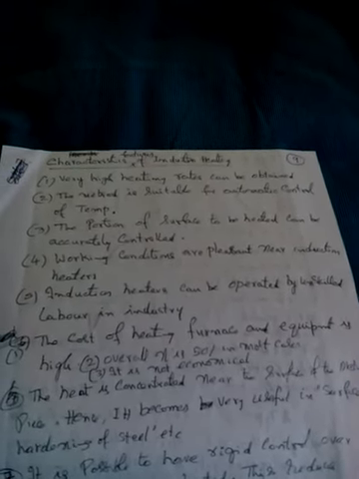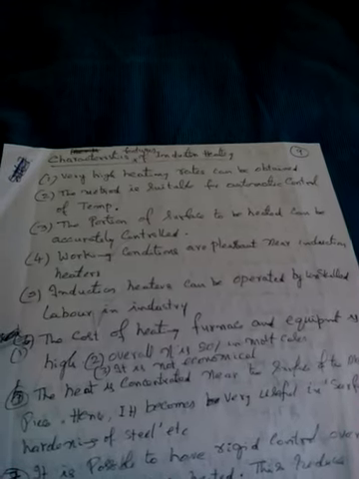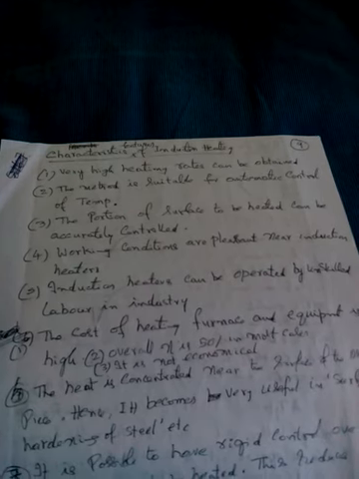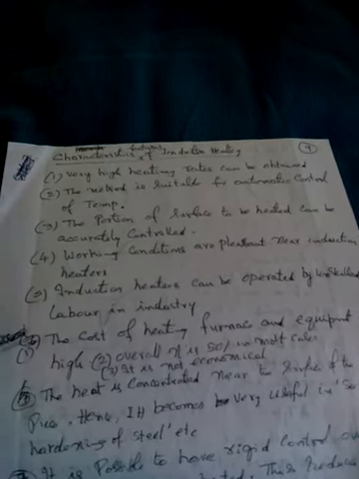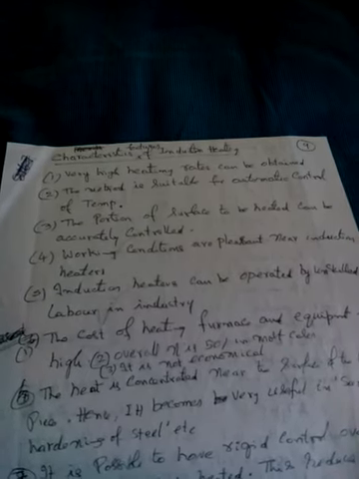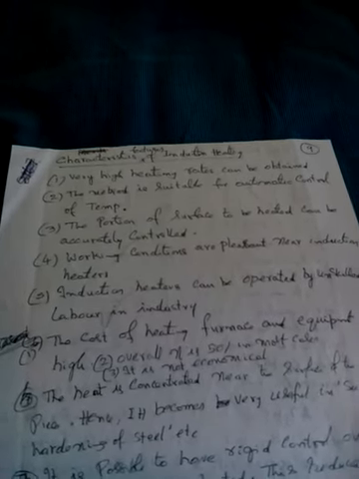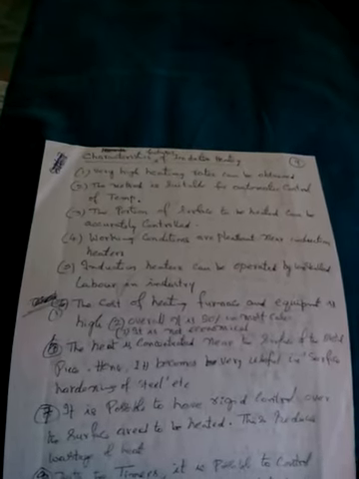Of course, the cost of the heating furnace and equipment is somewhat high, so overall efficiency is 50% in most cases. So in some large scale cases it may not be economical. If you want to heat thousands of rods in the industry, then this induction heating procedure may not be economical.